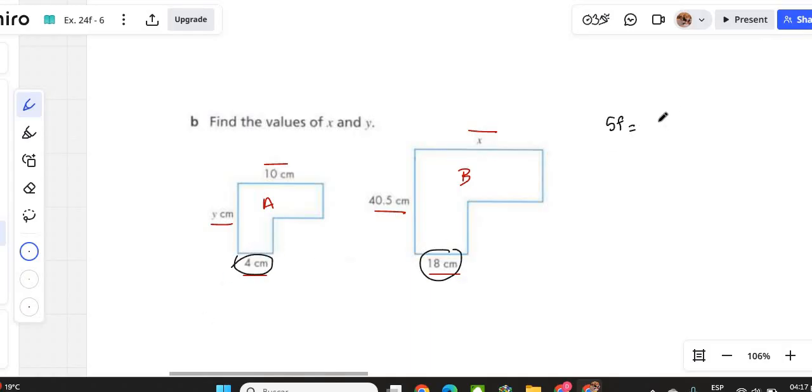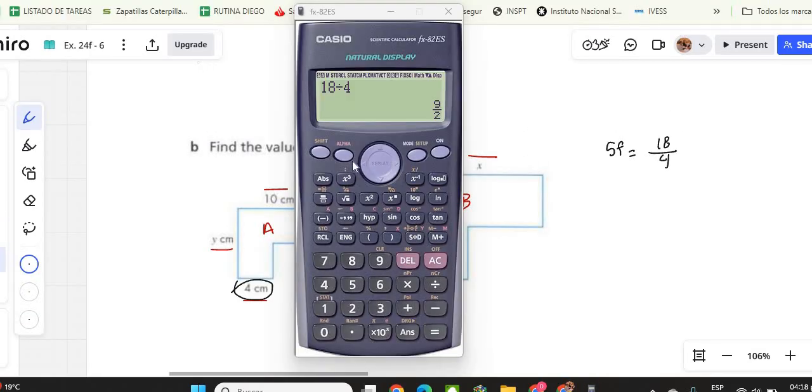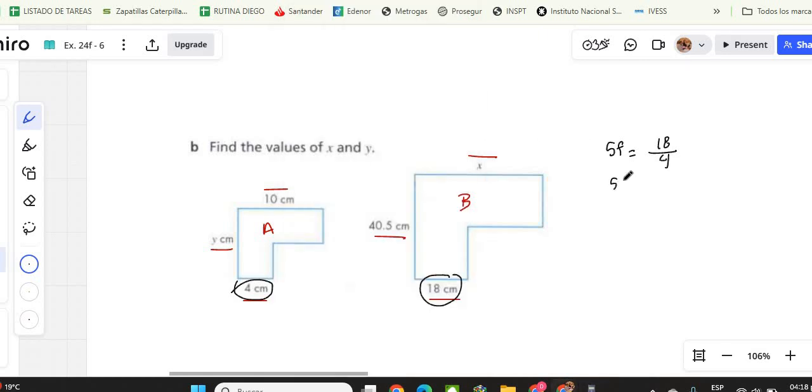So the scale factor is 18 divided by 4. 18 divided by 4 is 9/2. So the scale factor is 9/2. Now you want to find, for example, the length of side A, that is, in this case, y.